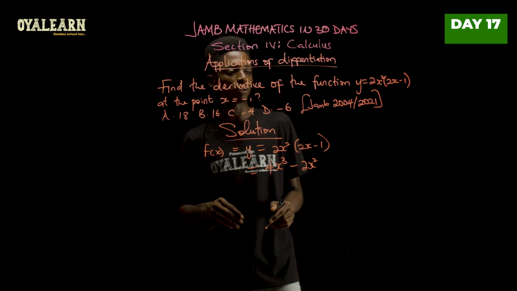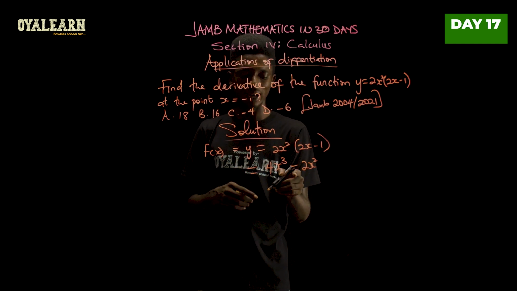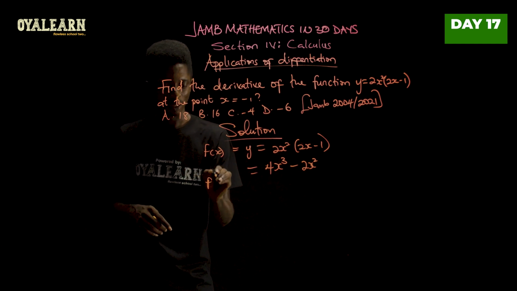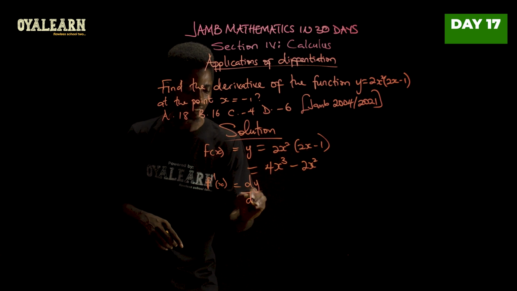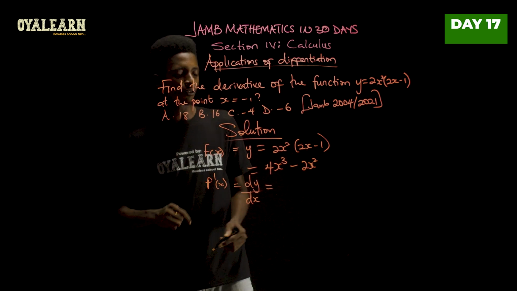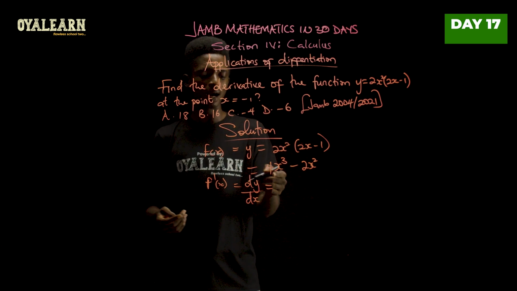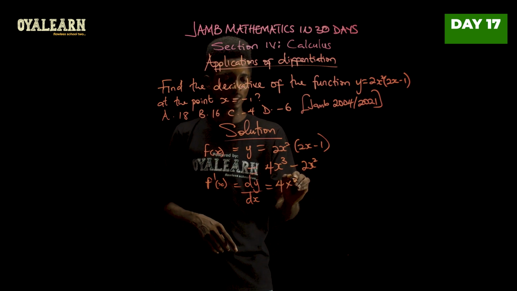Now what we have to do is to apply that x equals -1 after we find the first derivative. That is f prime of x, which is actually dy dx. Now let's differentiate this. From the rules of differentiation, when x has a power, we're going to have the constant first, multiplied by the power, which is 3.